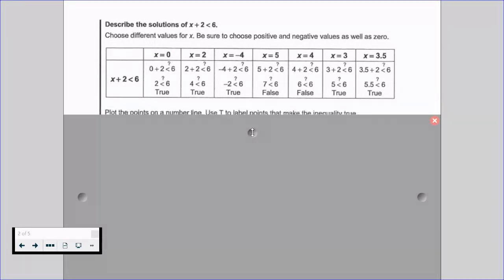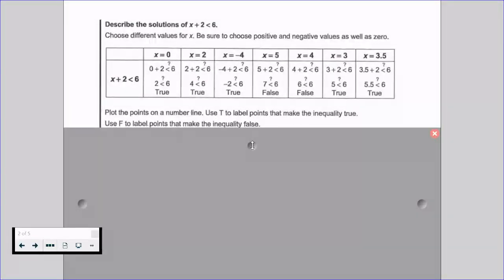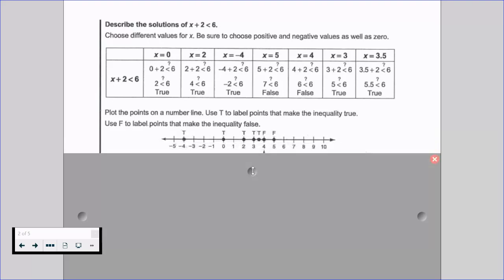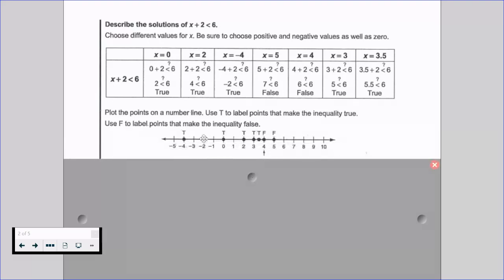So what we're going to do is now plot those points on a number line. We're going to use T to label points that make the inequality true. We're going to use F to label points that make the inequality false. So a number line has been provided, and we see we have all these T values to the left of 4, and F further out going to the right of numbers greater than 4.